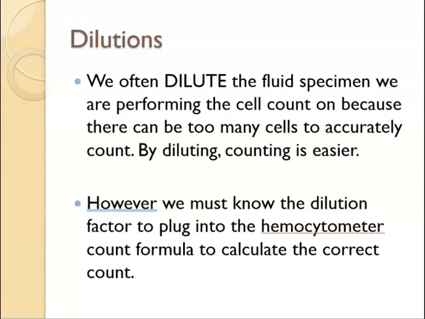So by diluting, they're easier to count. However, if we do a dilution on a sample, we must put that dilution factor into our hemocytometer formula in order to calculate the correct cell count.